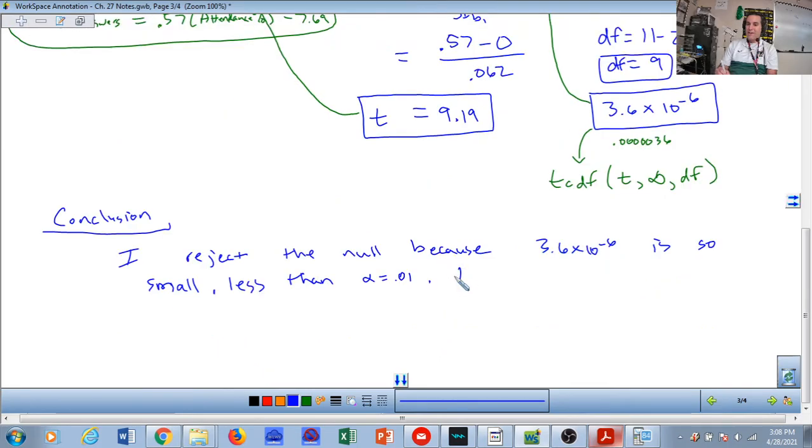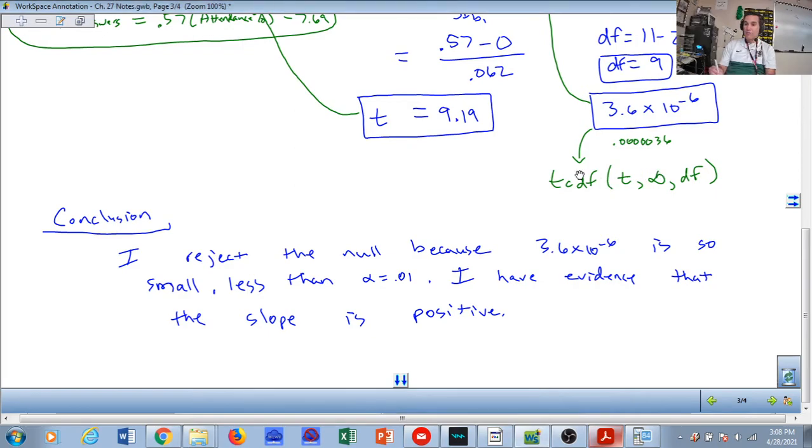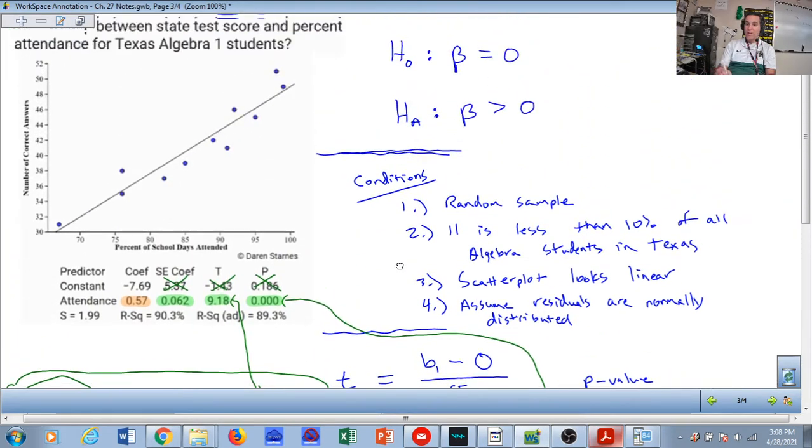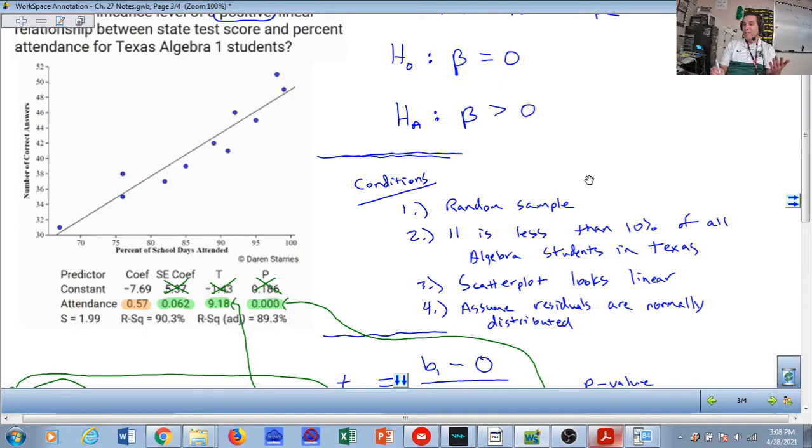So I have evidence that the slope is positive, because that was our alternative hypothesis. We were trying to prove the slope was positive, and we did it.